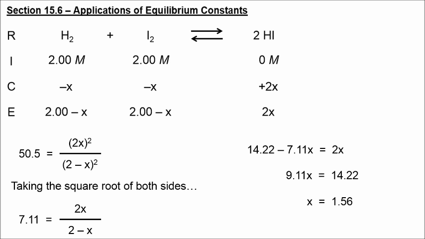We finish the math and we get x equals 1.56. So plugging that value for x into the final row of the RICE table, 2 minus 1.56 is 0.44. 2x would be 2 times 1.56, 3.12. So we now know the concentration of each chemical at equilibrium.